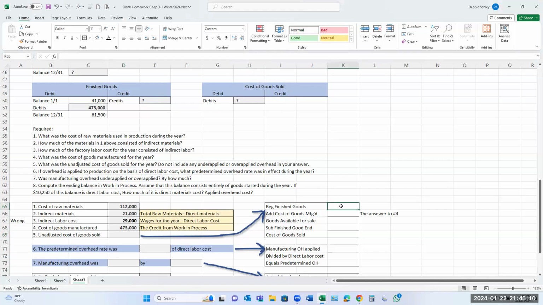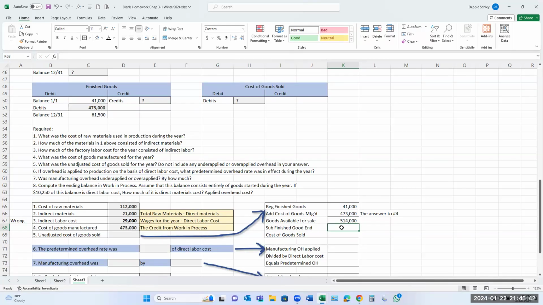So I typed it out over here because it's a process. We have beginning finished goods, and then we're going to add the cost of goods manufactured, which is the answer to number 4, right? That equals the goods available for sale. I'm just going to add those two numbers.